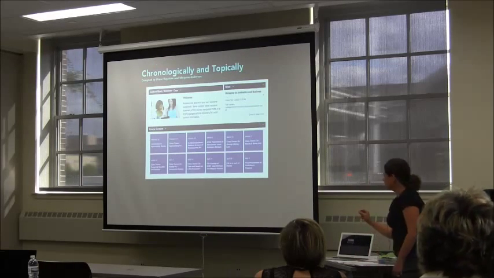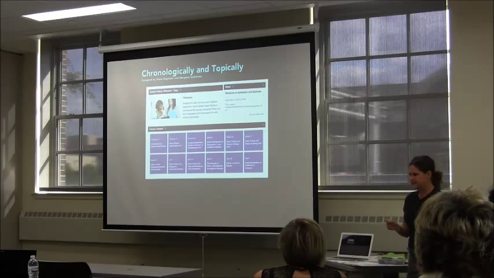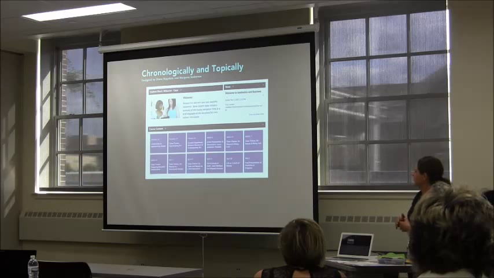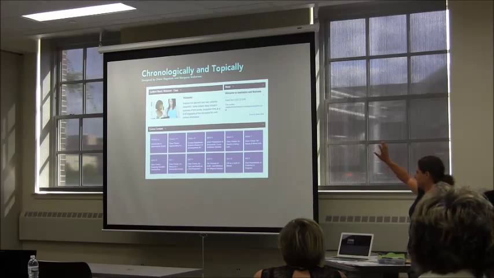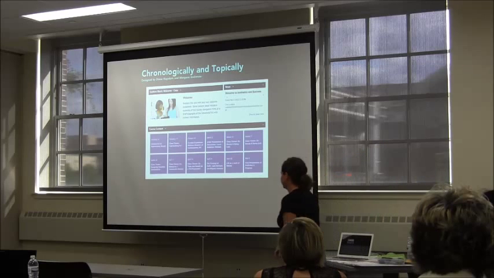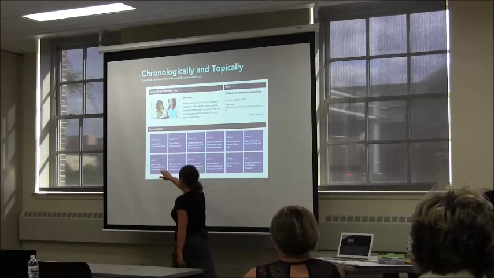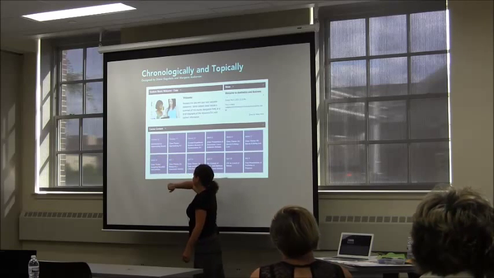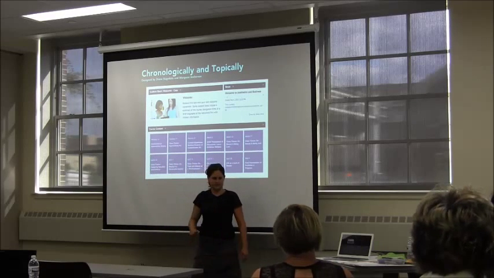And this is a real simple design. It looks fancier than it is, but it takes both of them together. It takes the chronological and the topical and makes it simplistic. Each of these little buttons, they're not really buttons, they look like buttons, gives the date and what the topic's going to be.